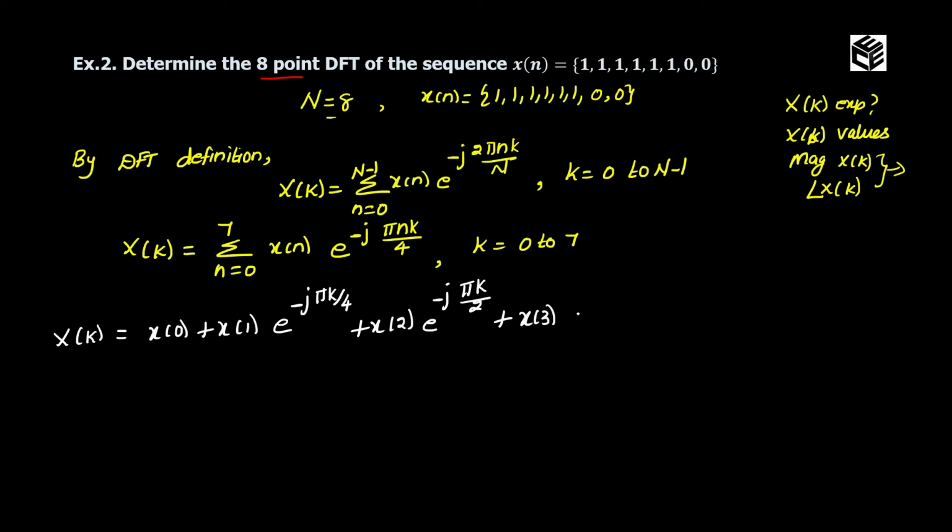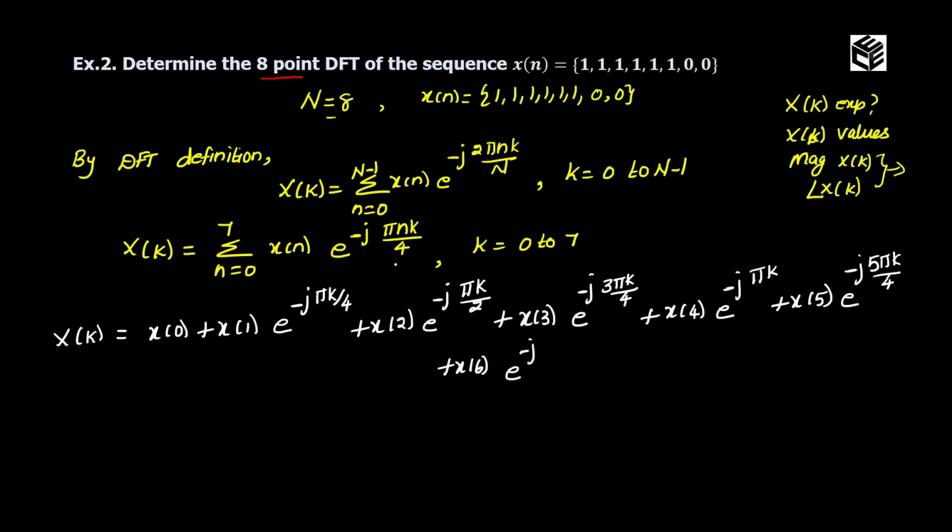Plus x of 3 into e power minus j 3 pi k divided by 4 plus x of 4 into e power minus j pi k, plus x of 5 into e power minus j 5 pi k divided by 4 plus x of 6 into e power minus j 3 pi k divided by 2 plus x of 7 into e power minus j 7 pi k divided by 4.